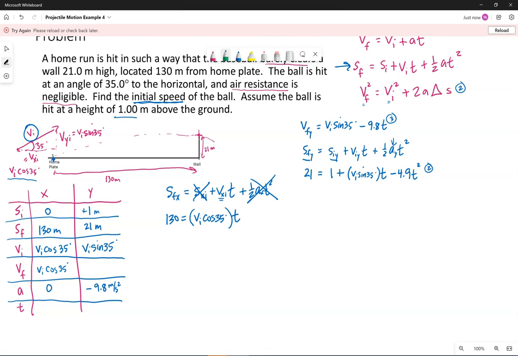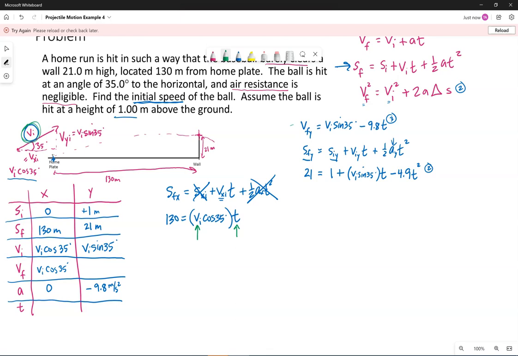In the x direction, I know my unknowns are V initial and time. If I can find an equation describing the y direction in those same two unknowns, then I can solve time in one, plug it in the other, because I know time has to be the same for both. V initial, the overall speed, has to be the same for both.